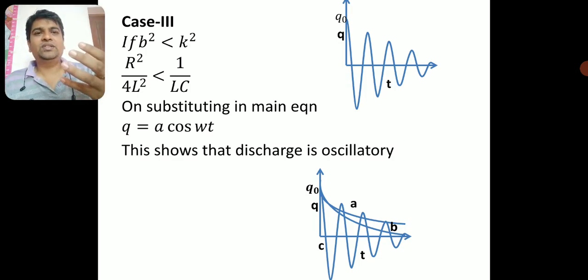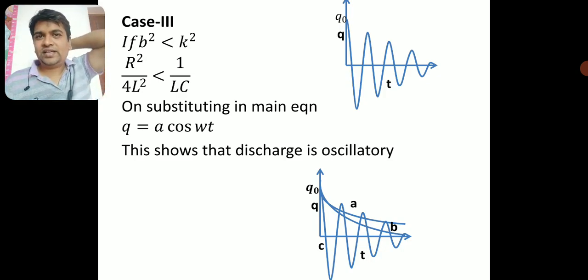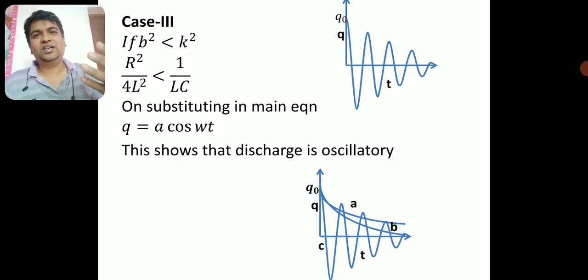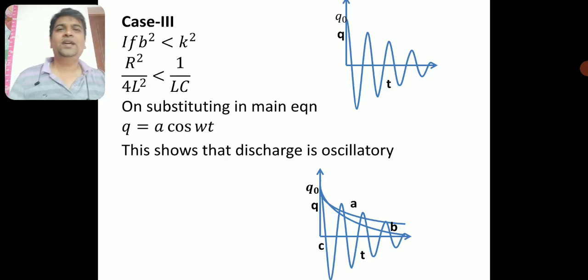This equation tells you that the charge follows a cos wave, and the decrease is oscillatory, which is shown in the graph on the right hand side. Charge will come down to the negative axis, then go to the positive axis, then come to the negative axis. It starts oscillating and finally reaches 0. This is the third case.